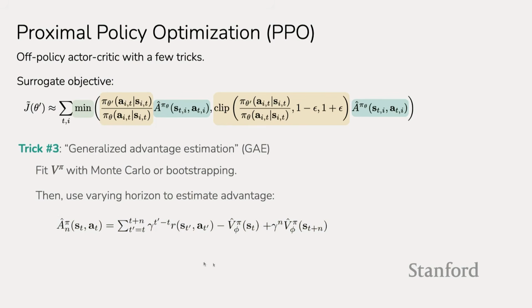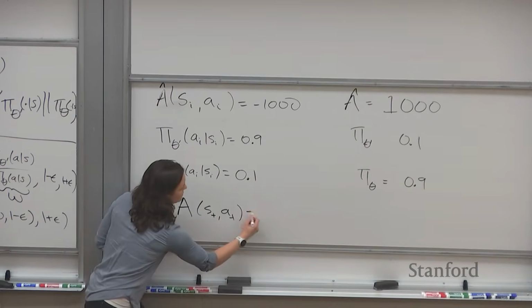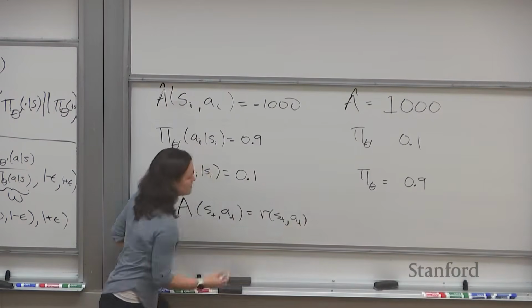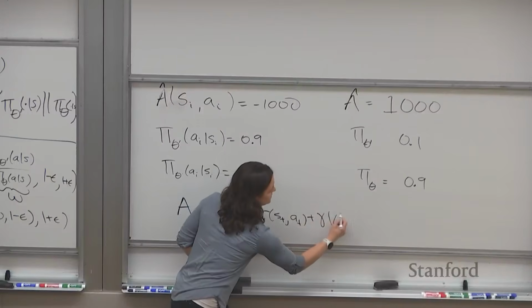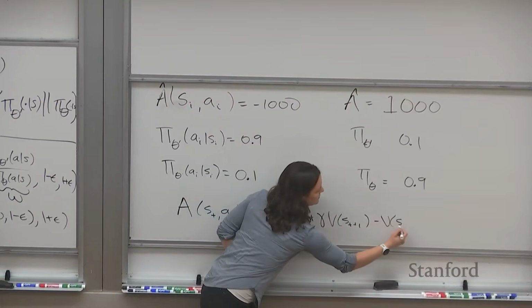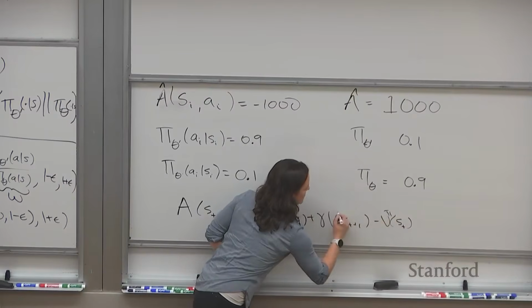So before, we were estimating the advantage of a given state and action using the reward at that state plus the value at the next state minus the value at the current state. These were all for π.